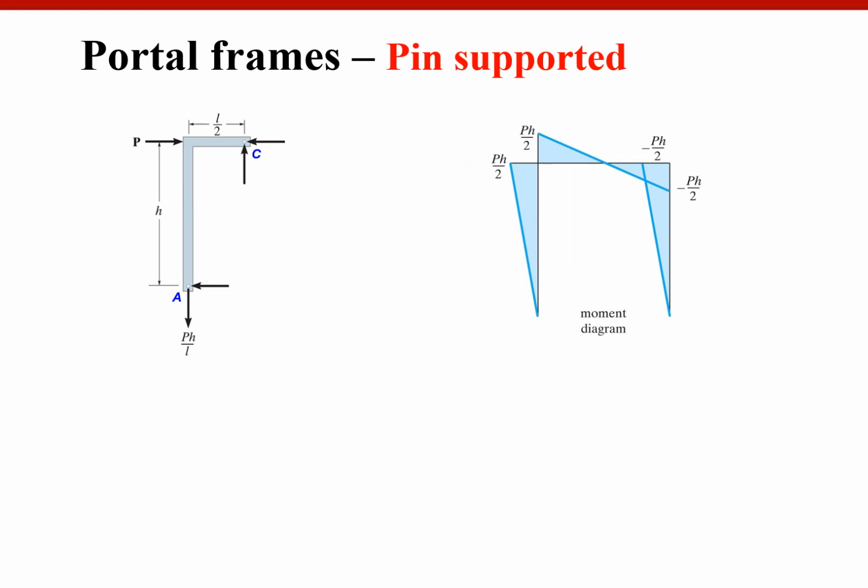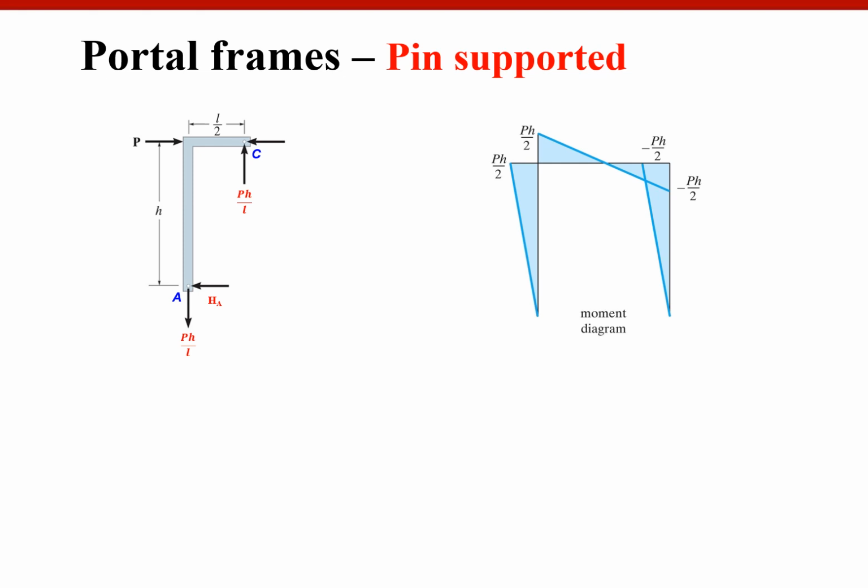So if you take the left half of your frame as your free body, you are going to have 1, 2, 3 unknowns. First, you are going to consider sigma F sub y must be 0. Then you can find this vertical force must be the same as your vertical reaction at A in magnitude, and in opposite direction.